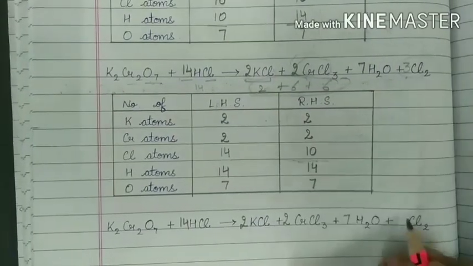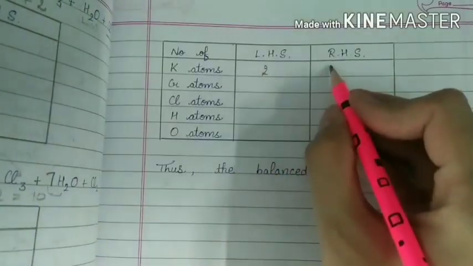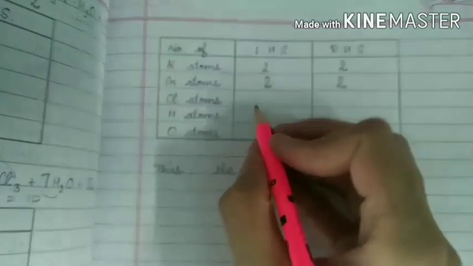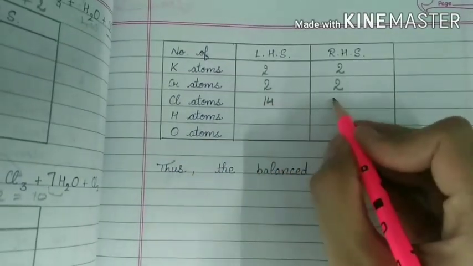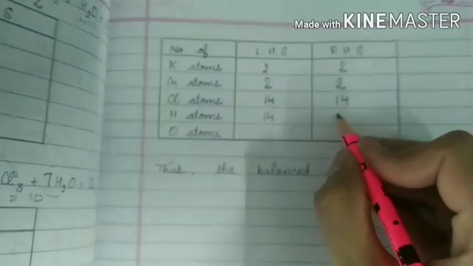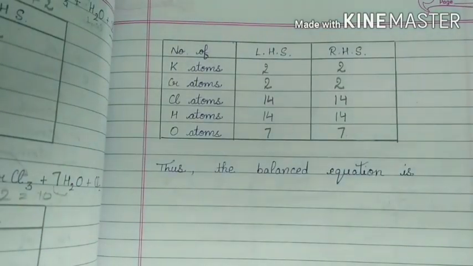2, 7 and 3. So now we have 2 potassium atoms on both the sides, 2 chromium atoms on both the sides, 14 chlorine atoms on both the sides and 14 hydrogen atoms on both the sides and 7 oxygen atoms on both the sides.